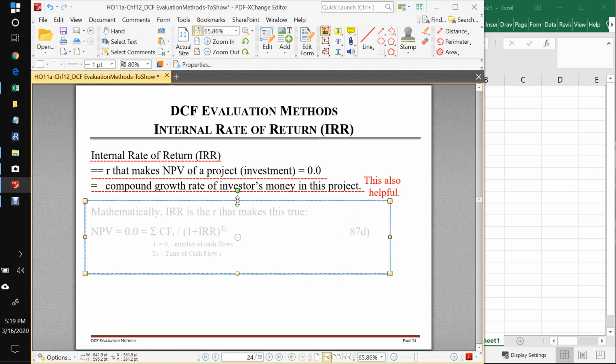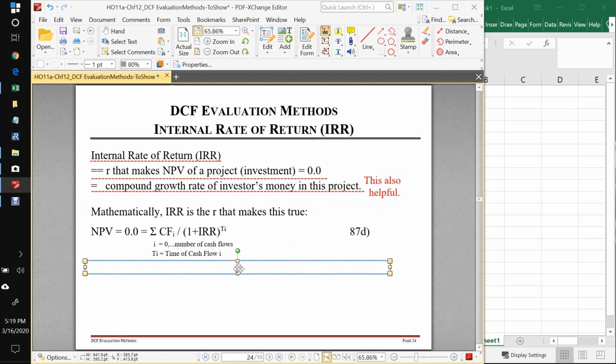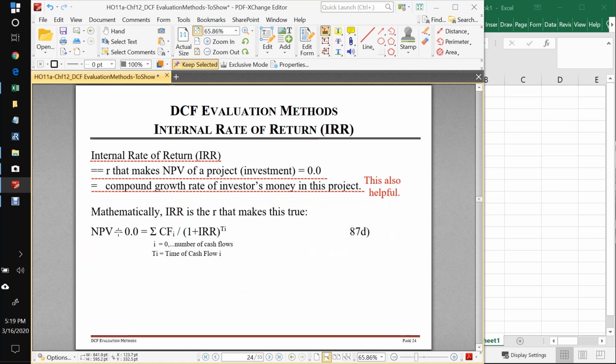So now with that definition in mind, we can look at this mathematically and say mathematically the internal rate of return is the discount rate that makes this equation true. And this is another thing you just have to memorize. It makes the NPV equal to 0. When we have the correct IRR in here, okay, we're going to get 0 for our NPV.